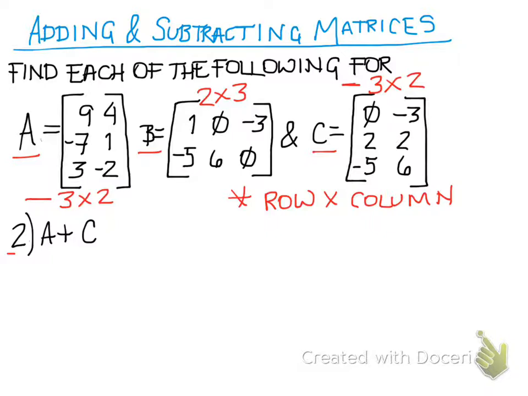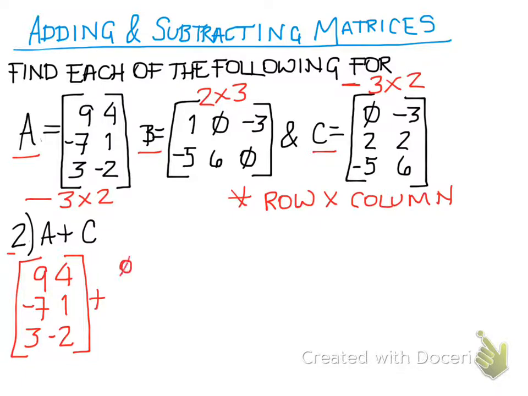So we rewrite matrix A, which is 9, 4, negative 7, 1, 3, negative 2, and add that to matrix C, which is 0, negative 3, 2, 2, negative 5, 6.